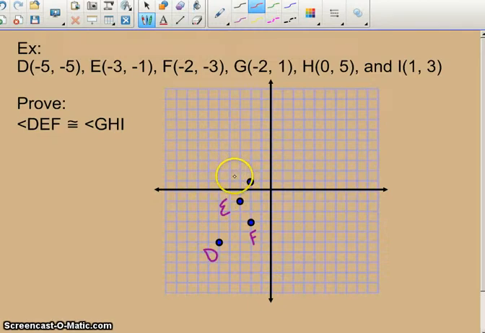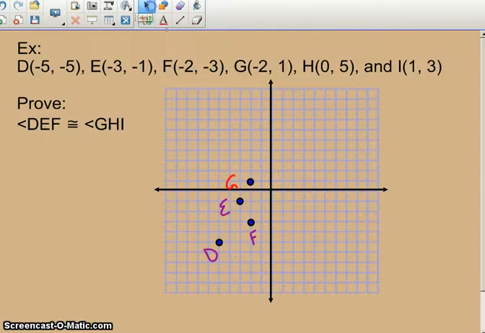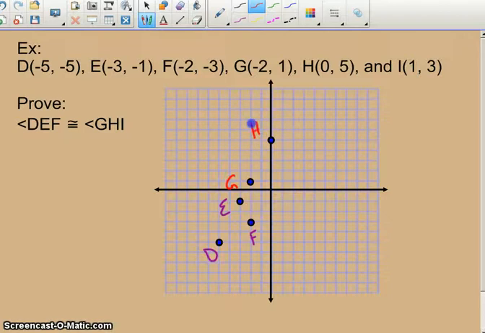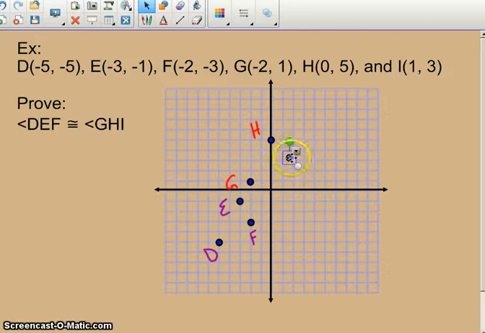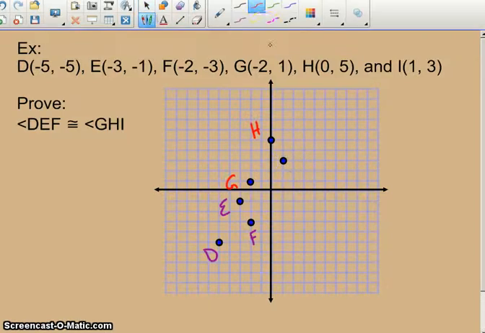This will be G, and we've got 0, 5, so let's clone this. Bam. There we go. And that is going to be H. And then the point I, not myself, I, will be at 1, 3 right there. So let's label that real quick. And we're set, ready to go.